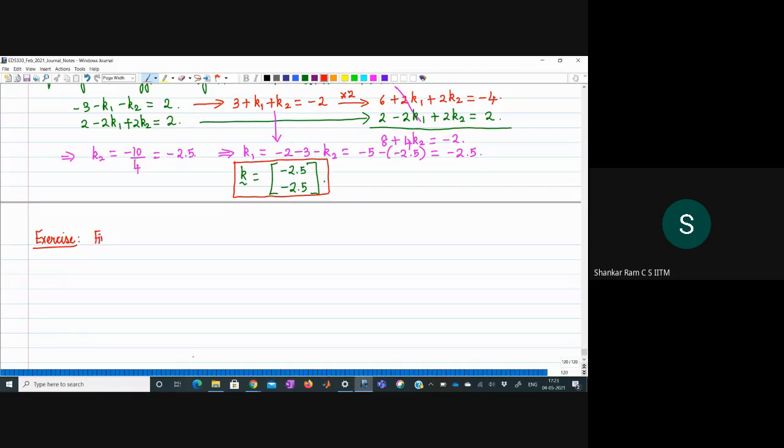Please find K such that the closed loop eigenvalues are placed at -2 plus or minus j.